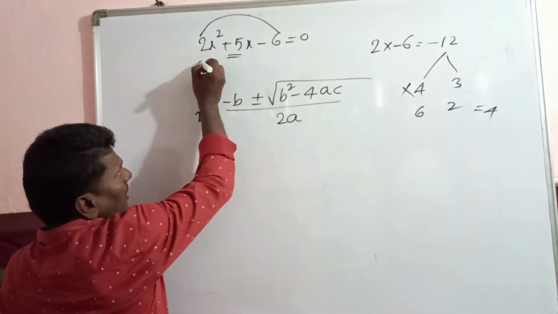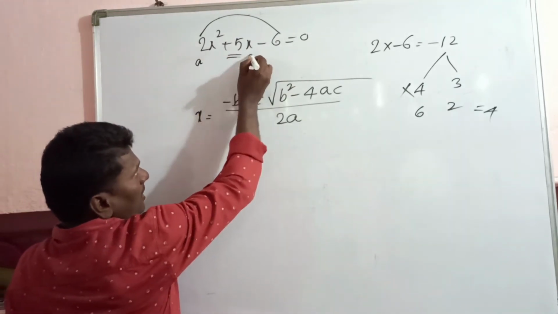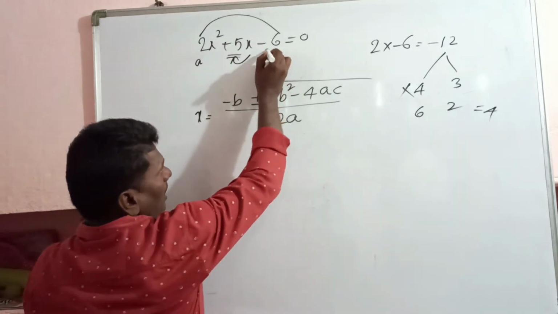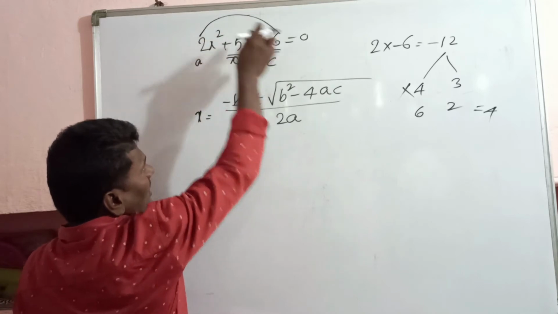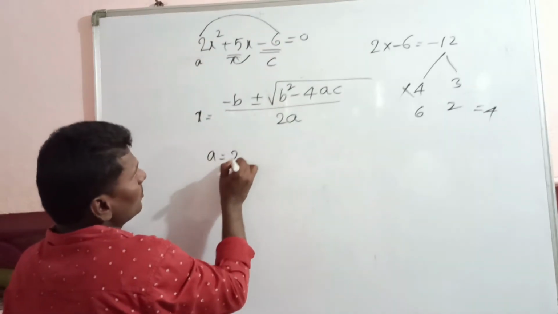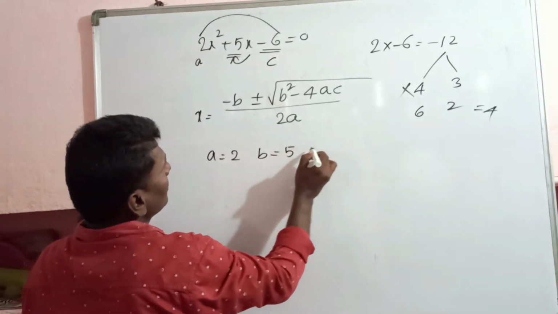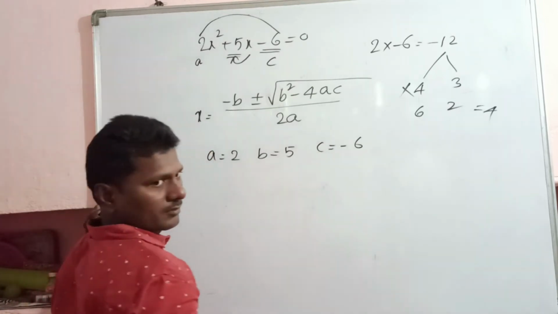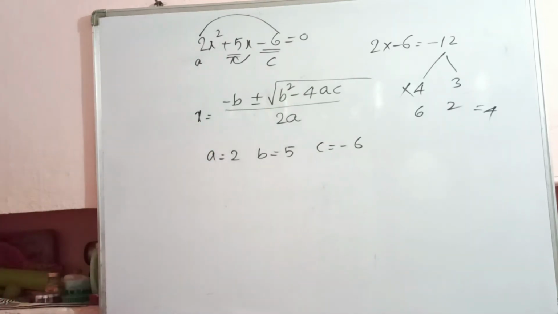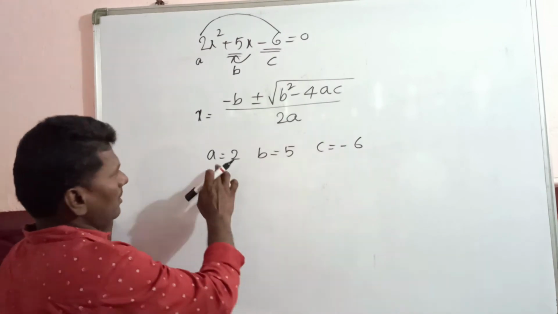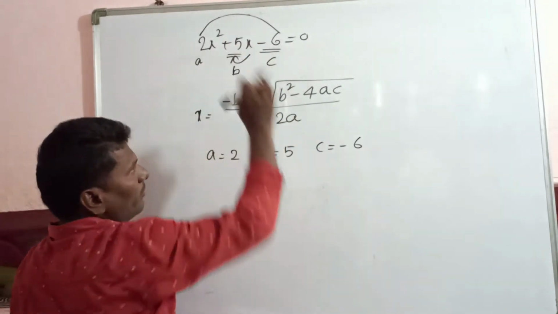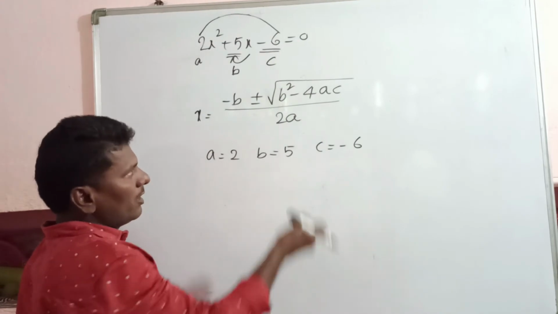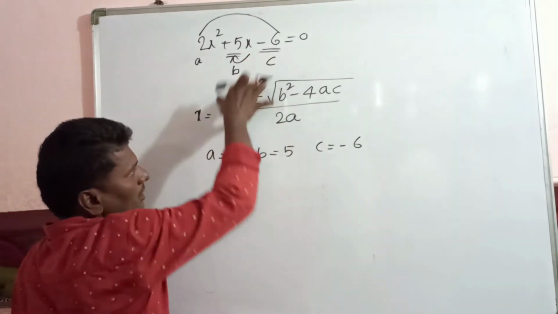Coefficient of x square is a, coefficient of x is b, and constant term is considered as c. So for this equation, a value is 2, b value is 5, and c value is minus 6. We have to substitute these values in this formula.